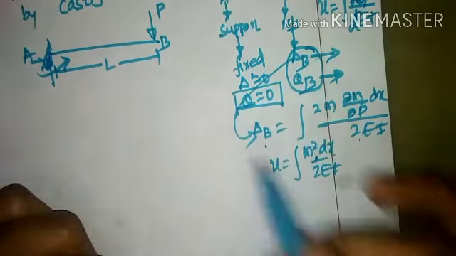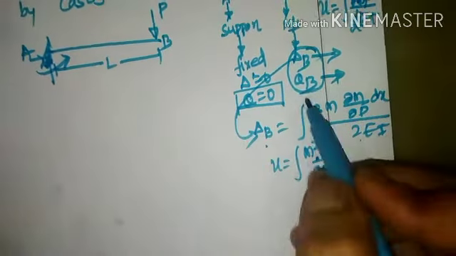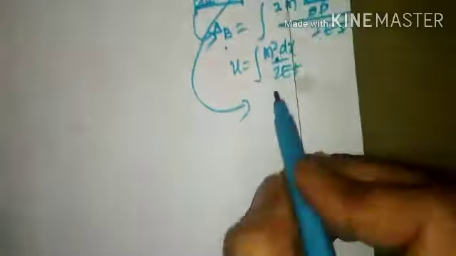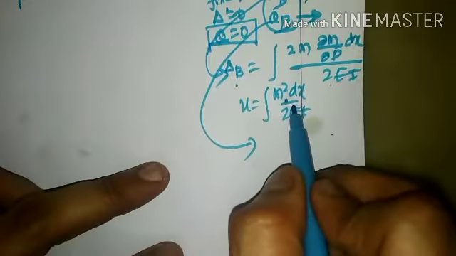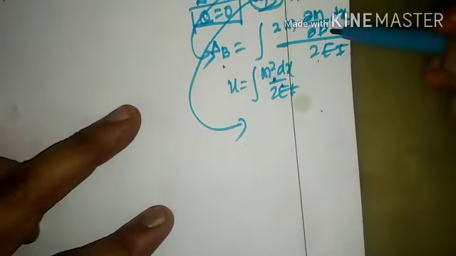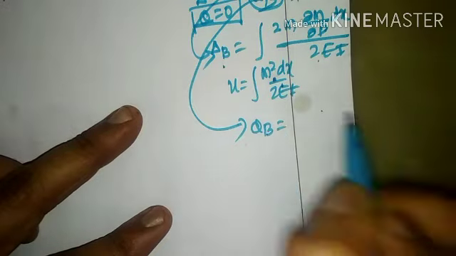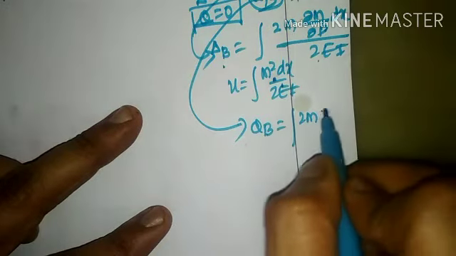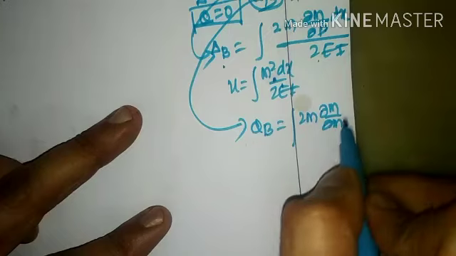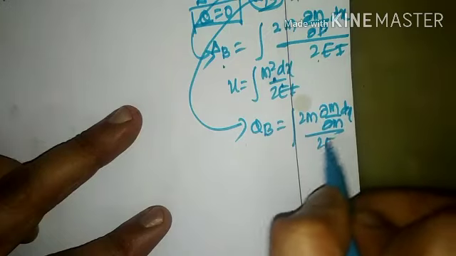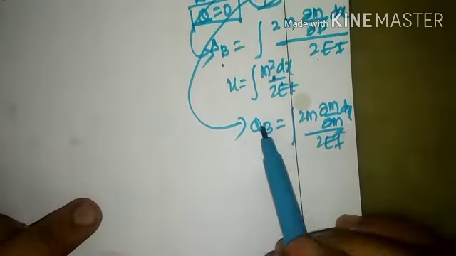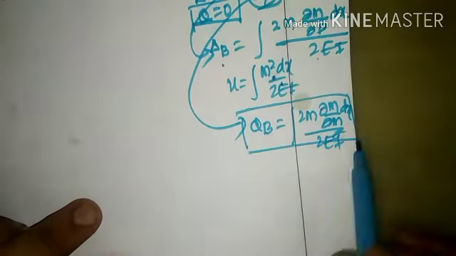Likewise, to find out the slope, I shall consider the same strain energy expression, but instead of P, I shall partially differentiate with respect to a moment. So theta B will be equal to integration of 2M dM by dM dx divided by 2EI. Coming to the solution of theta B, I shall take it at a later stage.